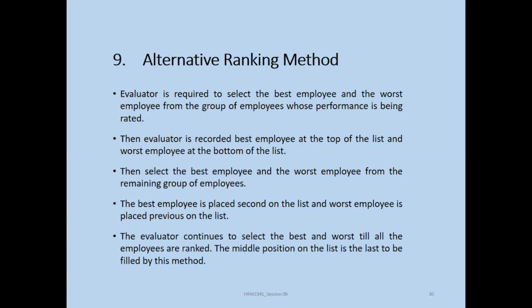What we expect from the evaluator, if there is a group of 10 employees: firstly, he should identify who is the best employee out of 10, and then he should select who is the worst employee out of the remaining 9 employees, because one employee is already selected as the best.